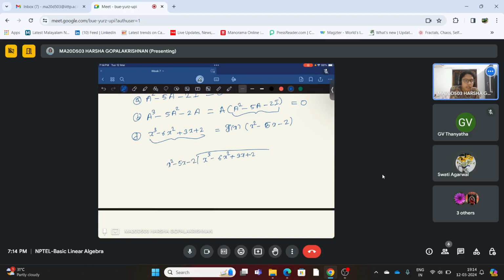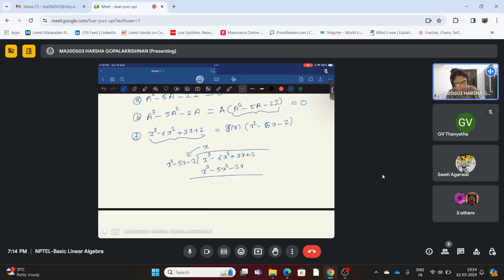Okay, you haven't seen this kind of division. It is simple. We do exactly the same way as the usual division. If I am taking x, it should be x multiplied with this term: x cube minus 5x square minus 2x.